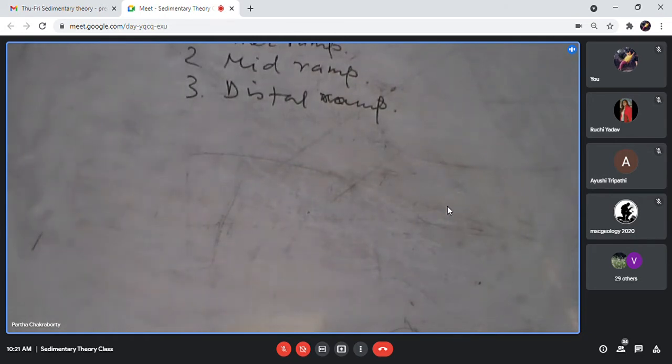Suppose you are a geologist in an oil company, and the company has hit hydrocarbon in a carbonate succession of, suppose, Eocene age, in the subsurface. You are asked what the carbonate platform geometry was, how the facies vary, which portion of the platform you will drill for hydrocarbon, which portion you will not, where you expect the maximum concentration of hydrocarbon, how secondary porosity is developed, where it will be maximum, and how it controls permeability.